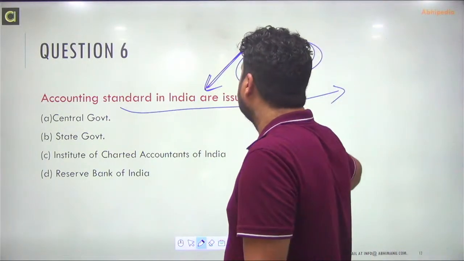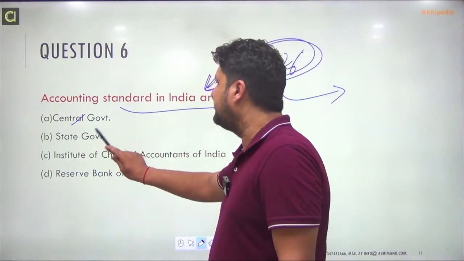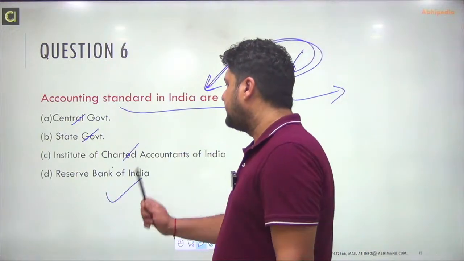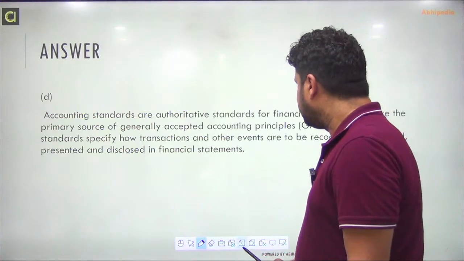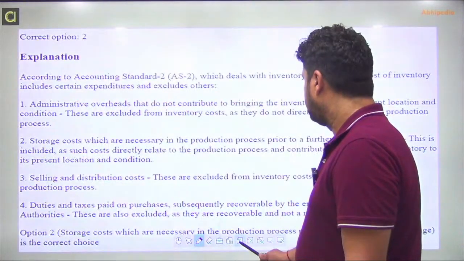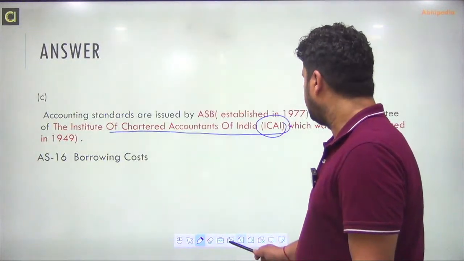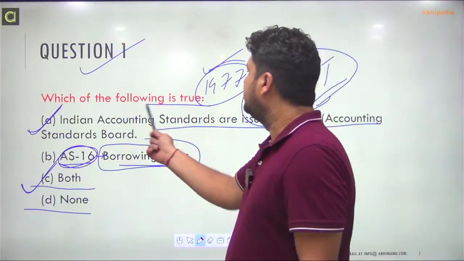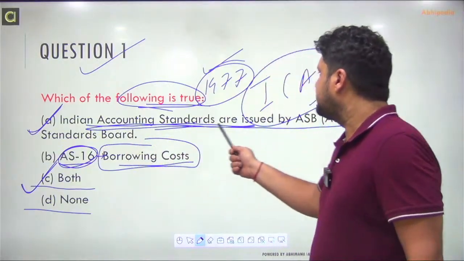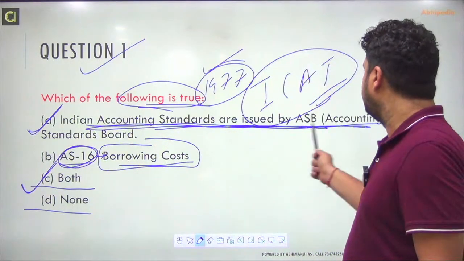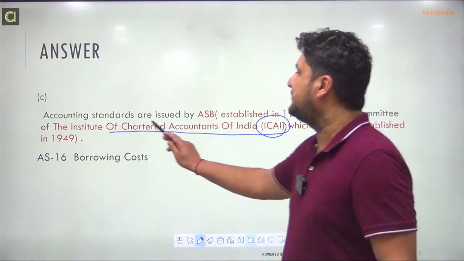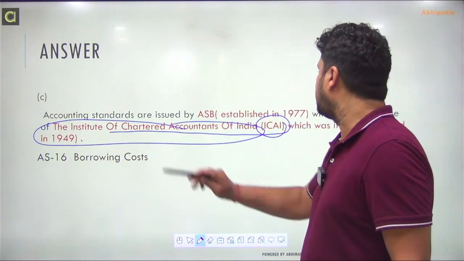Accounting standards in India are issued by the central government, state government, Institute of Chartered Accountants of India, or Reserve Bank of India. If you see the first question, which of the following is true? Indian accounting standards are issued by the Accounting Standards Board, but this board was set up by the Institute of Chartered Accountants.